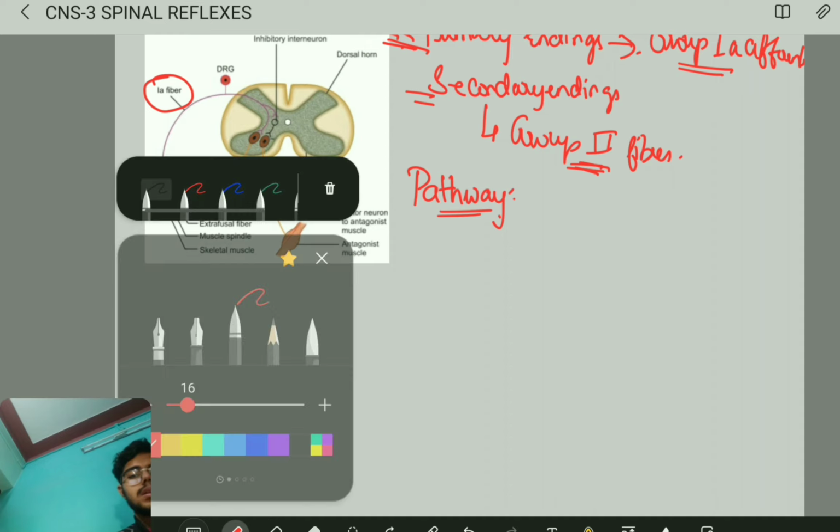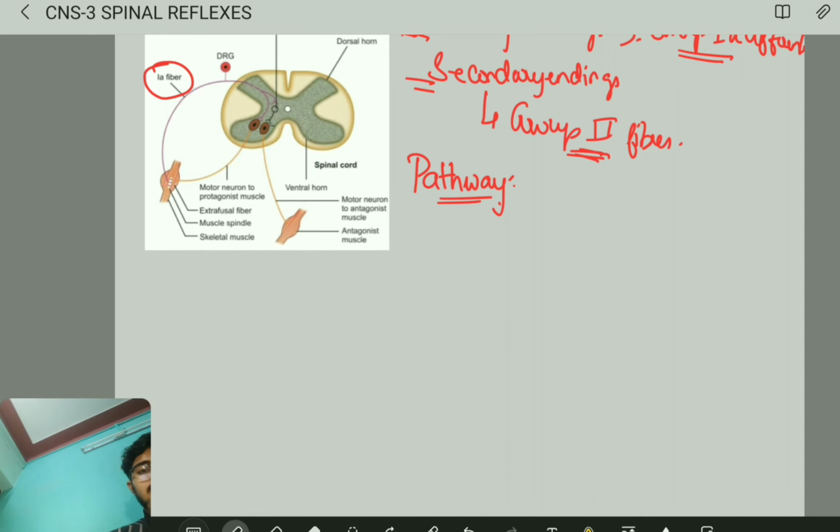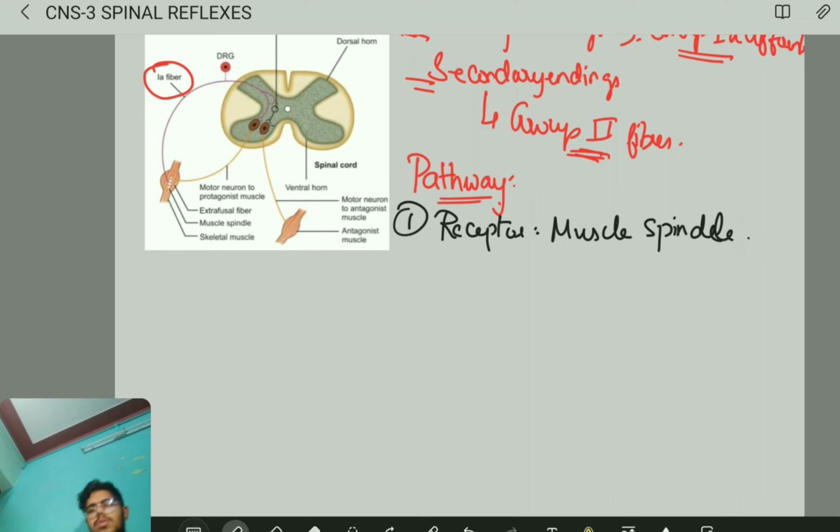Listen carefully. Our first receptor is the muscle spindle. I discussed how the muscle spindle is arranged: intrafusal, extrafusal, we all discussed. Next is the input.